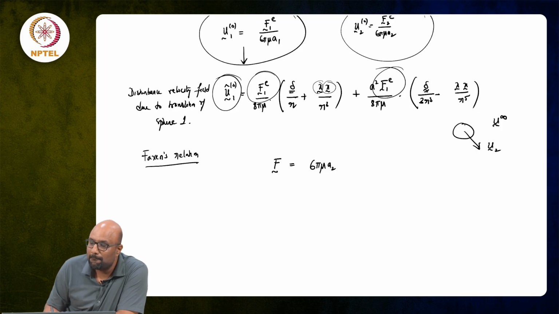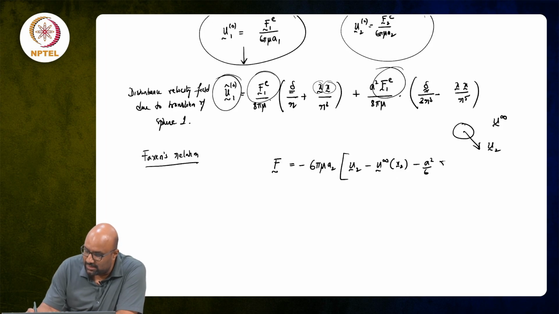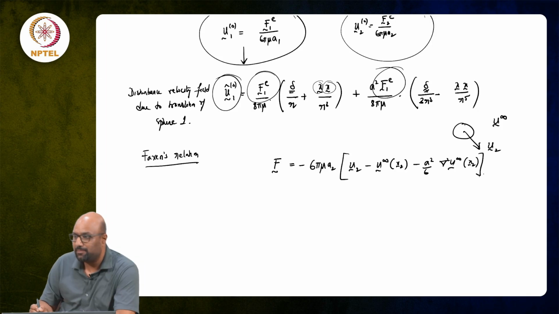U2 minus U infinity at the center of the sphere, right? So, if I say this is at some position x2, and then what is the next thing? Which is minus a square by 6 del square u infinity at the center of that particular sphere.